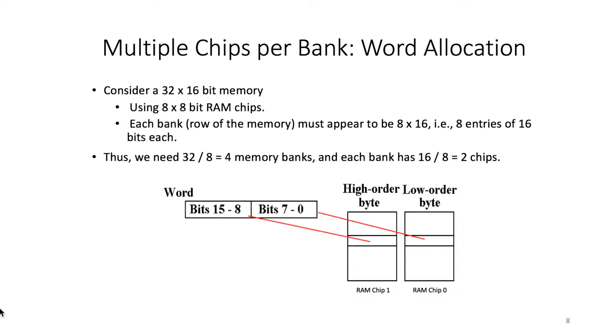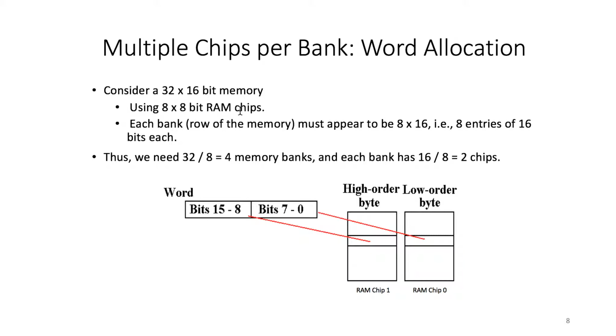In many scenarios, we may need to have multiple chips per bank, which we call a word location. Let's discuss this through a specific example. Consider we have a 32 times 16 bit memory where we only have chips of the type 8 times 8 RAM chip.